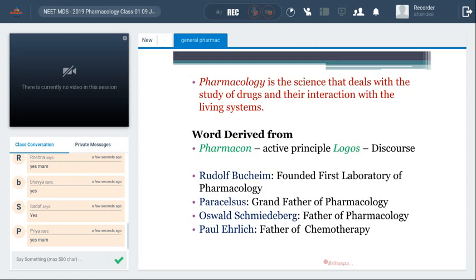In the plant product, say they obtain a particular product from a tree, the entire product would not be used. The active principle would be derived from that product, which was used as medicine. That is called pharmakon. So pharmakon is the active principle present in the medicine, and logos is to discourse, to give medicine, to give the active principle. That is called pharmacology. Till here, is it clear for you?